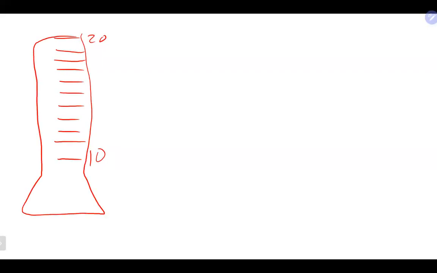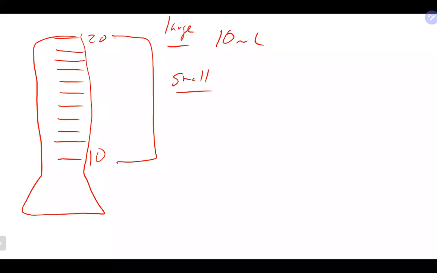And really, as we talked about, there's two pieces of information that are important. First off, the largest markings, which usually have the labels. For example, in this particular case, that would be 10 milliliters. And then you want to think about how many of the smaller markings there are between those two values.